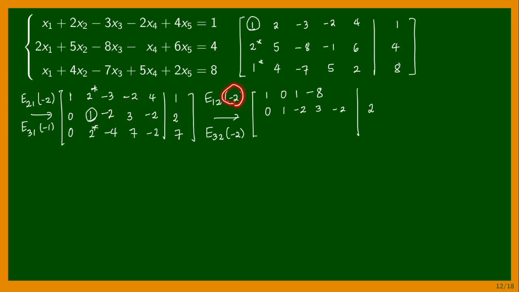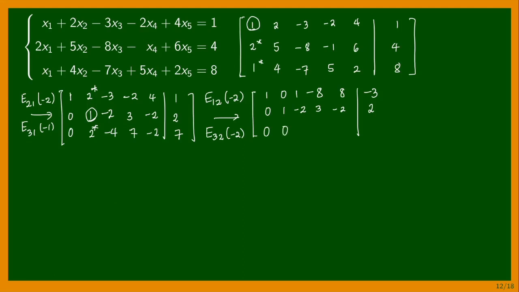Okay. Negative 2 times negative 2 is 4 plus 4 is an 8. Negative 2 times 2, that's negative 4 plus 1, negative 3. Then here you get 0, 0 because that has to be eliminated.